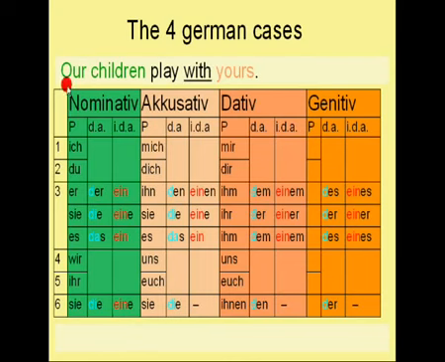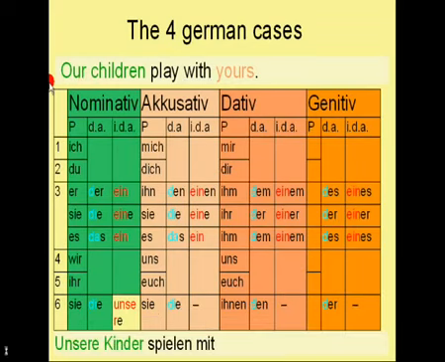So who is the possessor here? The possessor of children is in the first person plural, and as you learned in my previous video, the stem for the first person plural is unser, and the sentence therefore starts with Unsere Kinder spielen mit. Now how do we translate yours?